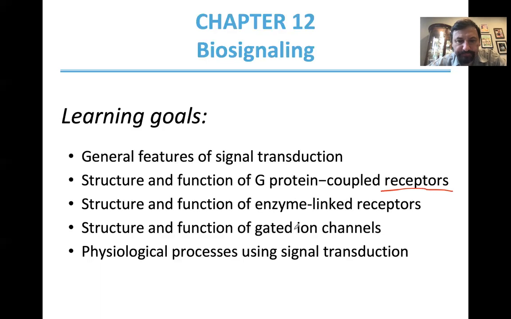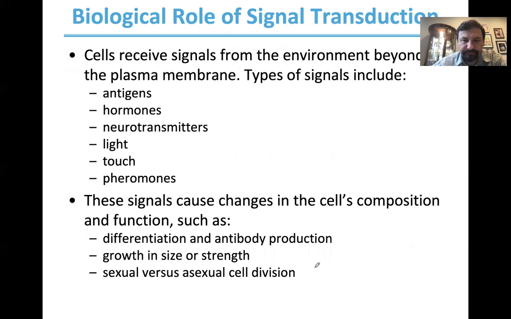We'll talk about gated ion channels, right? So ion channels that may allow certain ions to pass through, say, a cell membrane, but our small molecule will serve as a gate, right? Open and close the ion channel, and various physiological processes that are accomplished using signal transduction.